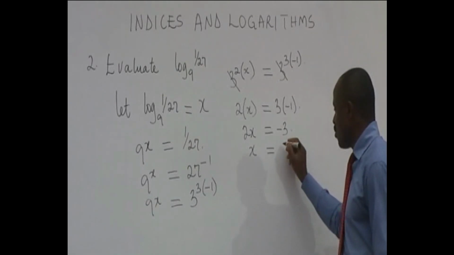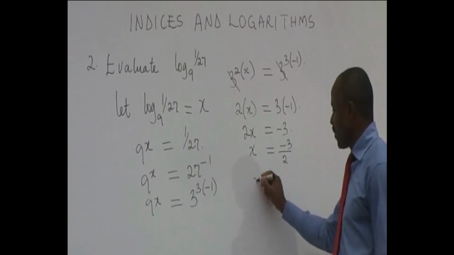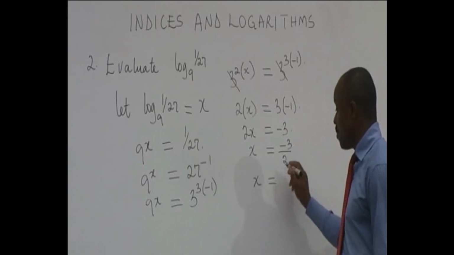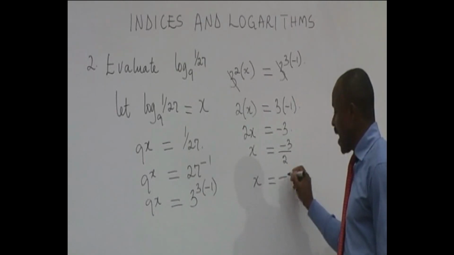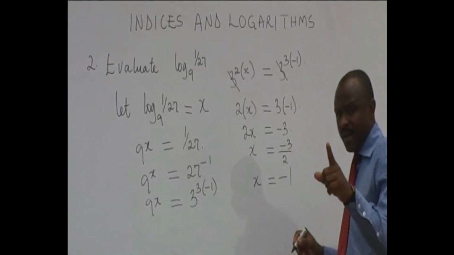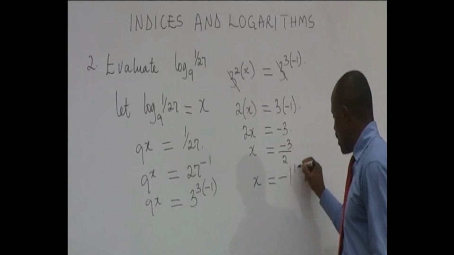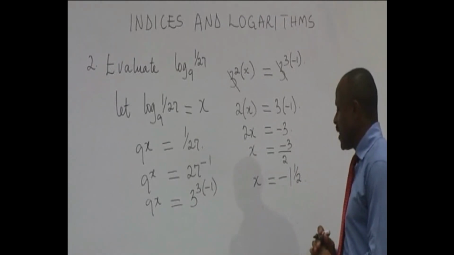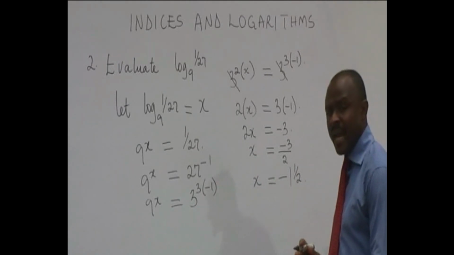In the right-hand side, you have minus 3 divided by 2. X is boiling down to minus 3 over 2. Whatever you have is going to be a minus, then 3 divided by 2 gives you 3 over 2. When you have done that, you have come to the end of that question.